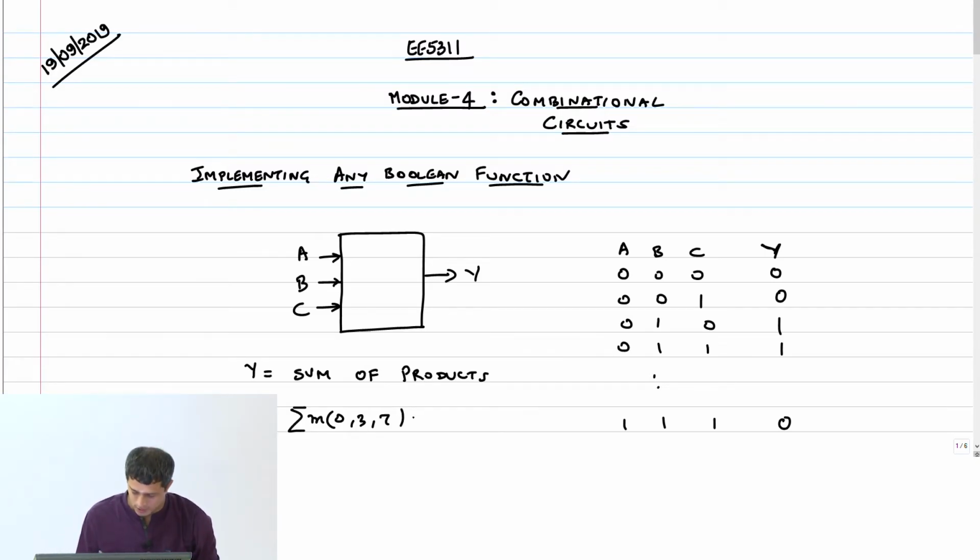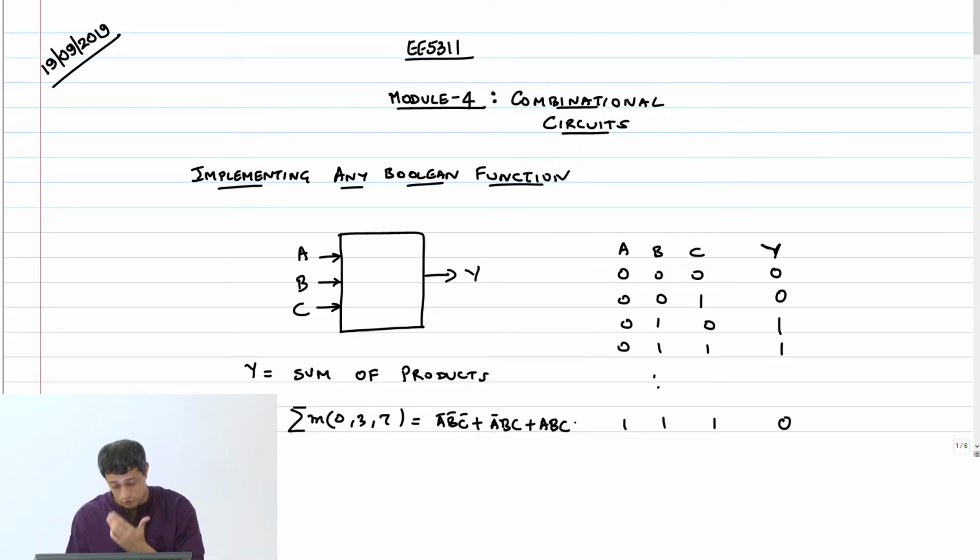Right? So what does this mean? 0 is A bar, B bar, C bar. 3 is A bar, B, C. And 7 is A, B, C. Of course, you can simplify this by combining the A plus A bar and make it 1 and all that. But let's not get into that.